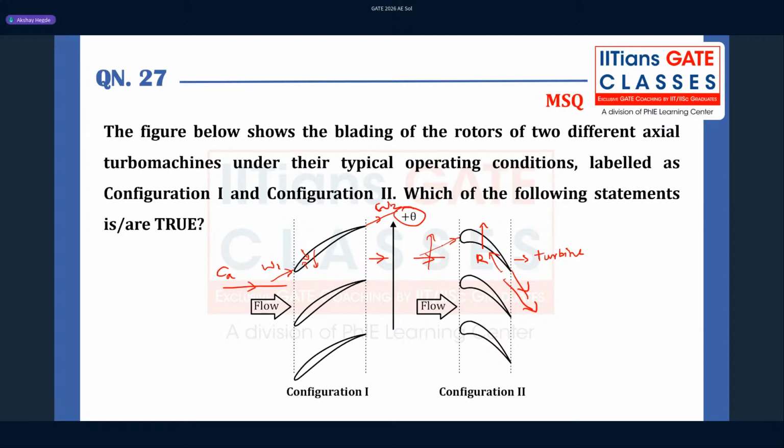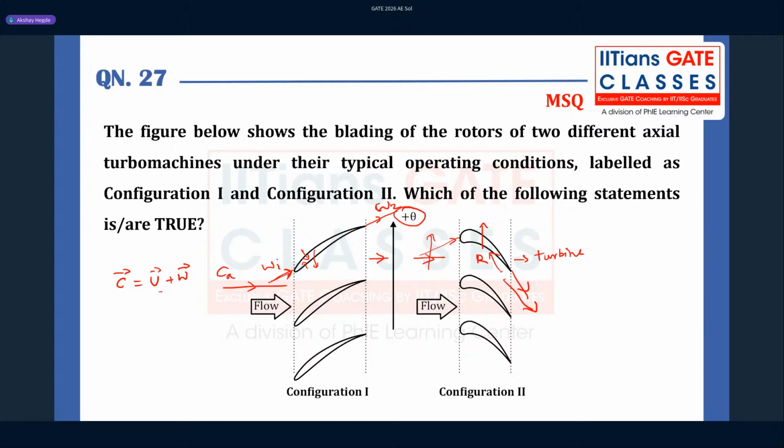So now look at our configuration 1. That is for the compressor. The relative velocity vector is in this direction, CA is in this direction. Our velocity vector relation says C is equal to U plus W. To balance that, the absolute velocity should be the vector sum of these two velocity vectors.